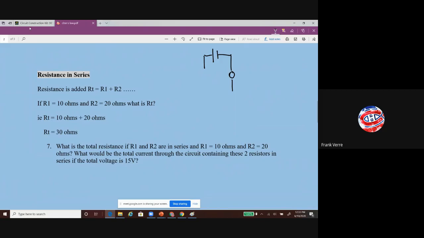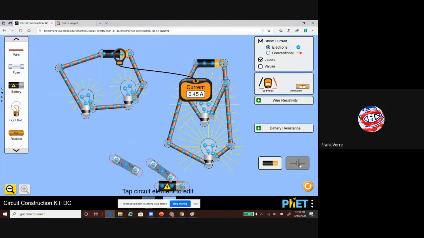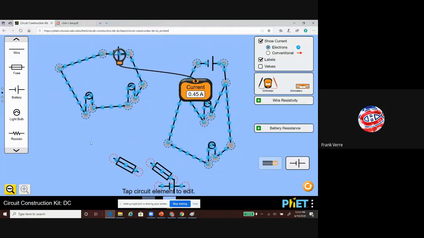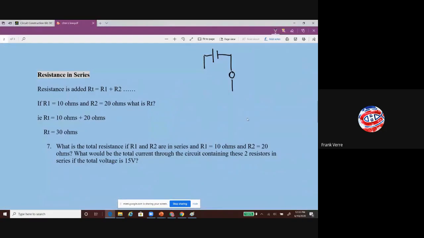Now, if we keep up with the symbol for light bulb, I don't know if you can see it. I'll draw it actually on the board, so it actually looks like this. Okay, so there's a light bulb. And let's see, we put another light bulb here.